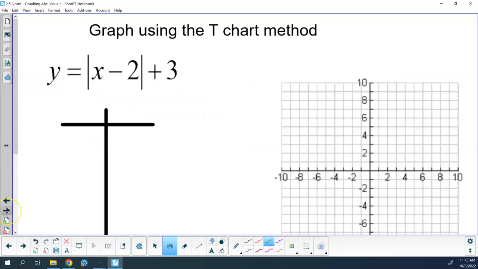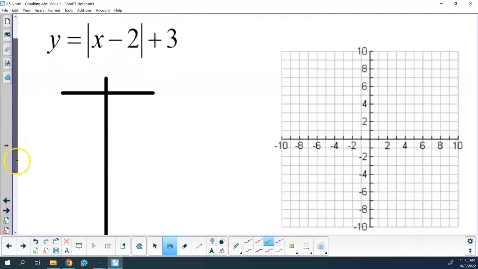Let's put that to work. Let's do this problem. Okay, so now for sure we're on the graph. Y equals the absolute value of x minus 2, then plus 3. So my first step said I need to pick 5 x values.